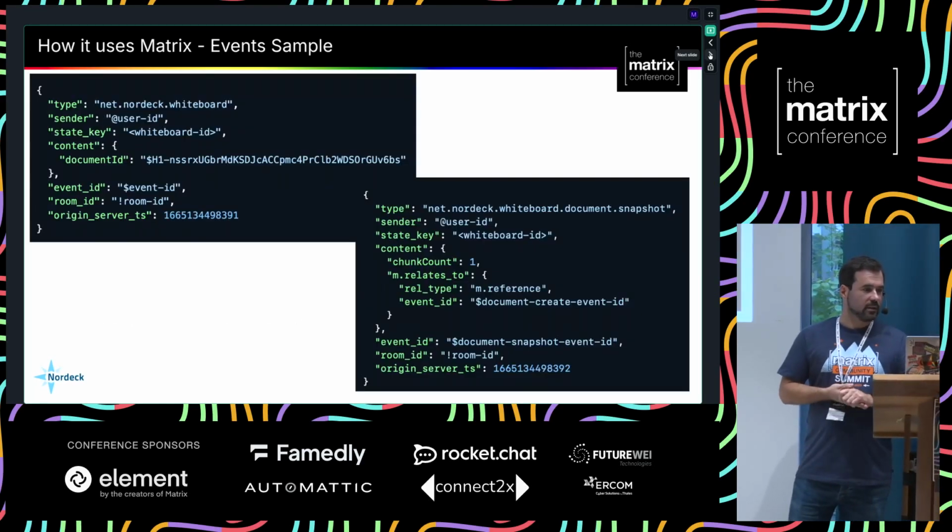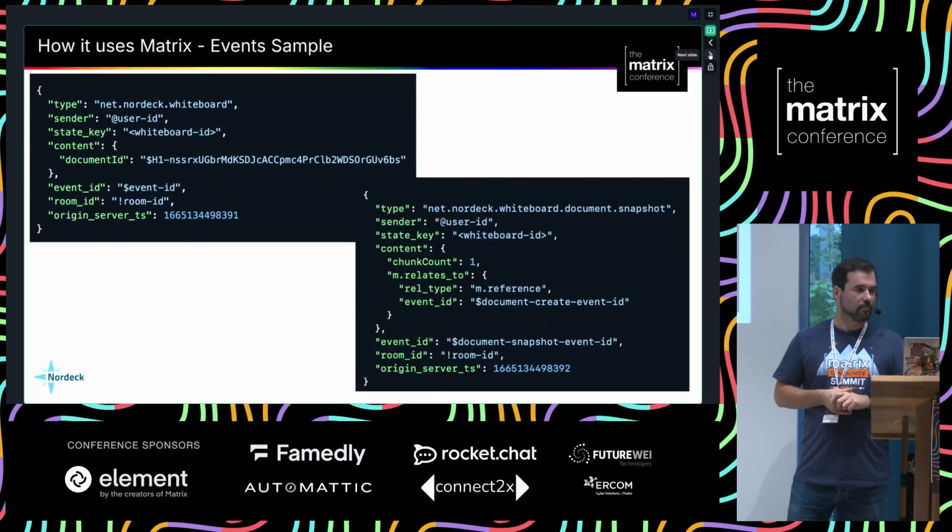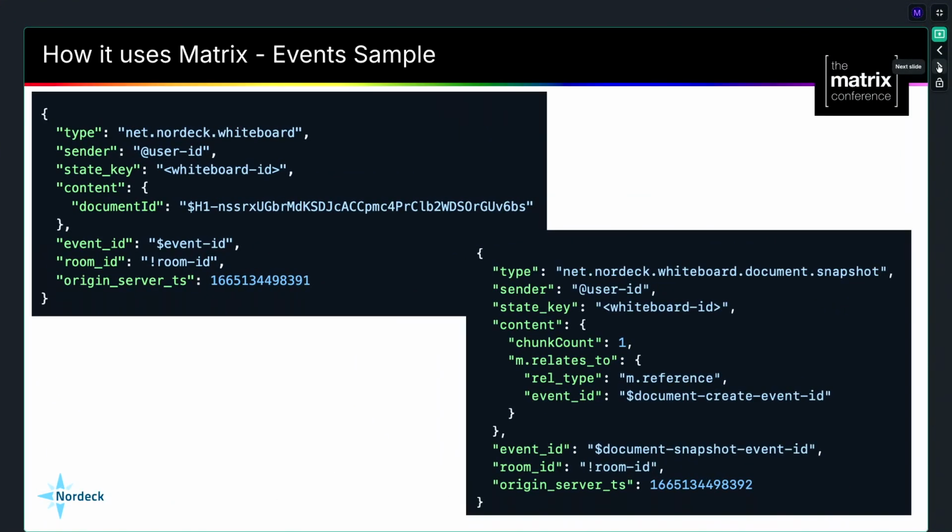This is a quick overview of our event model. So, specific types. On the top left, you have our state event, and on the lower right, you have our snapshot event. We're using the thread concept where the events are referencing each other through the relations.